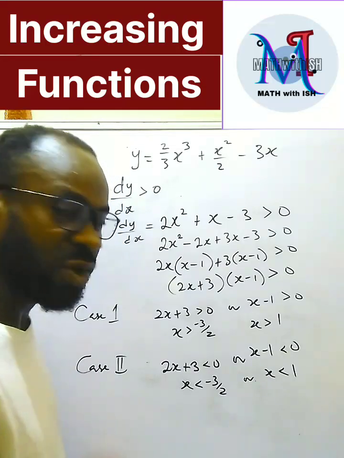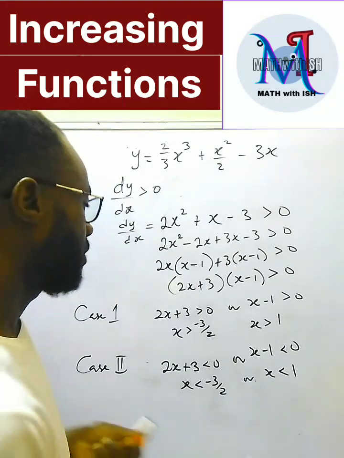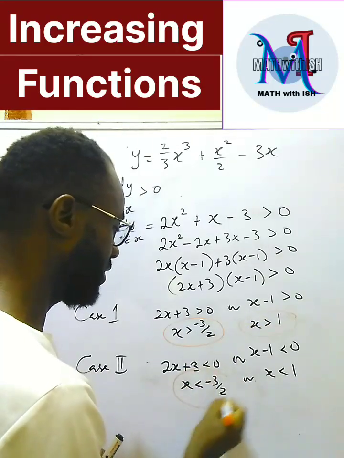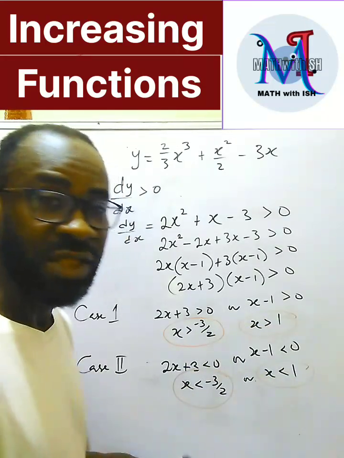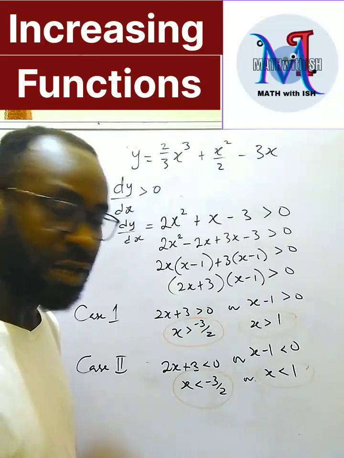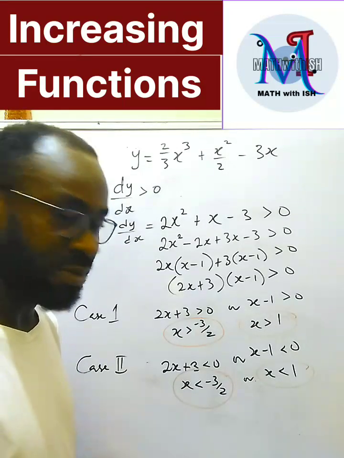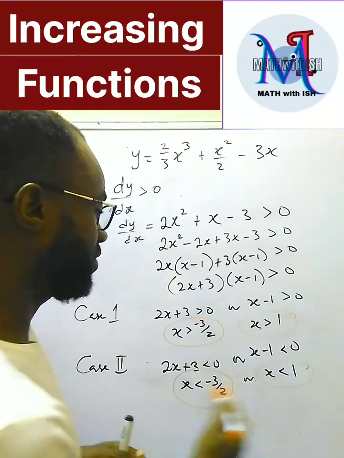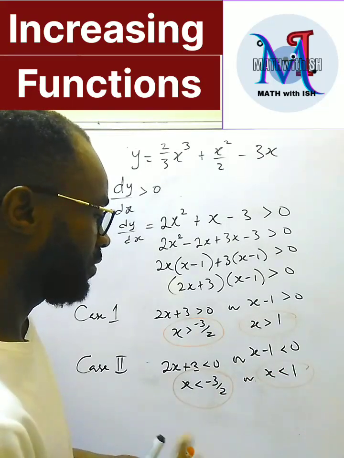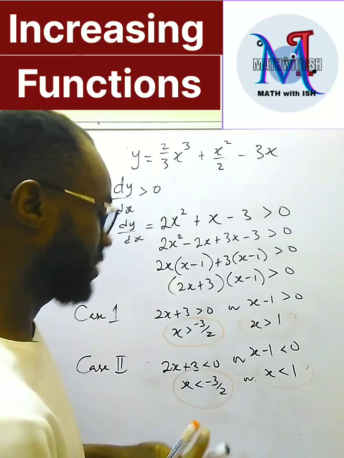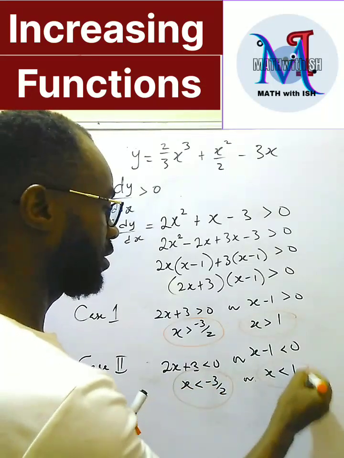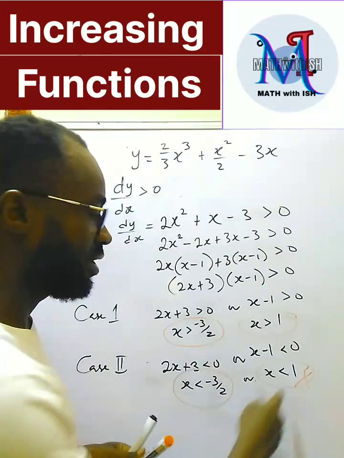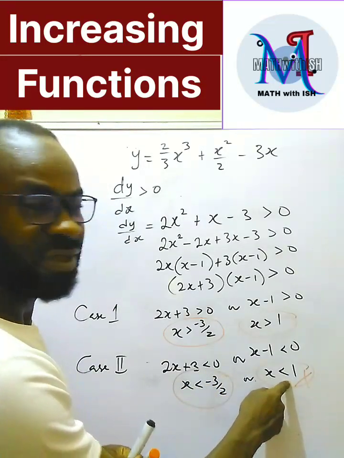Okay, so we have gotten 4 solutions now. Out of these 4 solutions, we are going to remove the redundant ones. Let's look at the ones with less than. For these 2, this will be redundant because if x is less than minus 3 over 2, definitely x is less than 1.